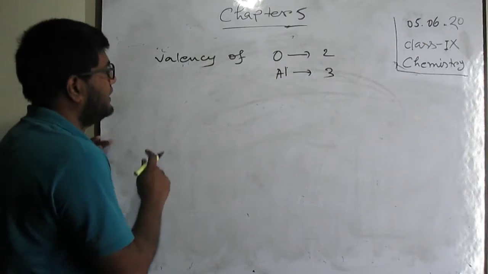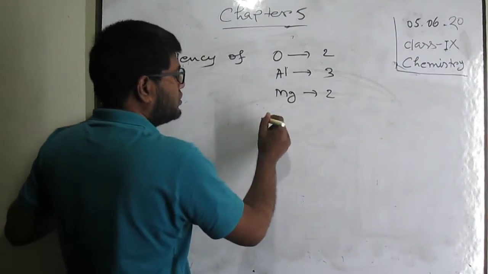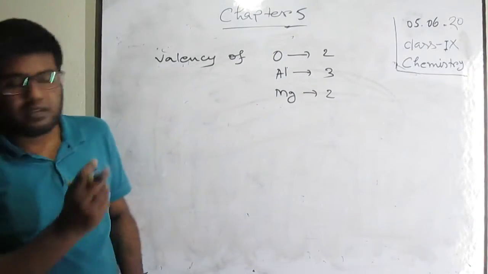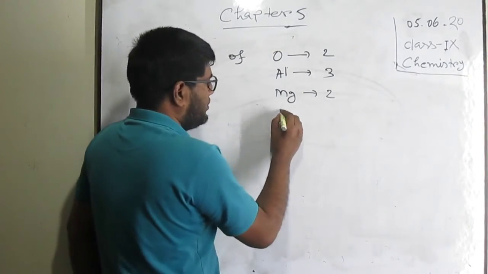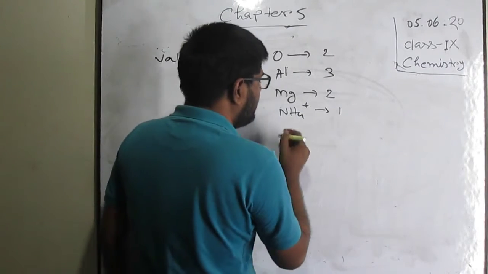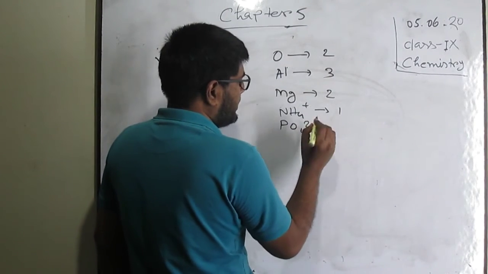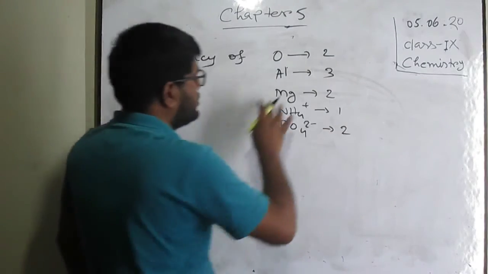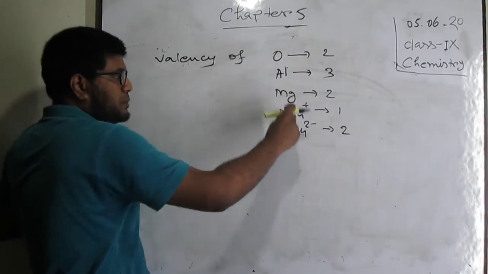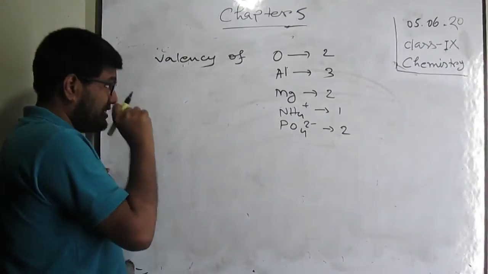Then the valency of magnesium is 2, then the valency of phosphate and ammonium is 1, then phosphate PO4 is 2 minus, that means 2. So at first I wrote the valency of a specific element and then I will write the formulas.